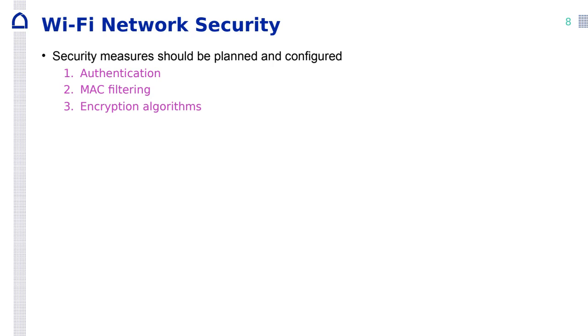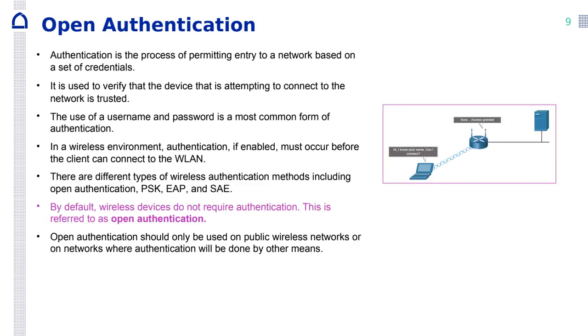For Wi-Fi network security, there are different measures you have to follow, like authentication, MAC filtering, and encryption. Authentication is the process where you permit entry or you don't permit use. So you use a username and password.